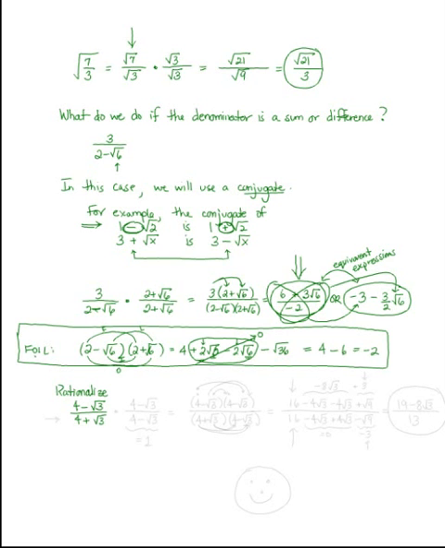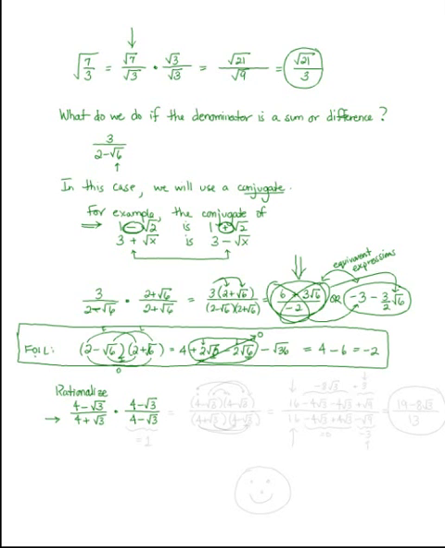To rationalize our denominator, in this case, we have a sum in the denominator. So we need the conjugate. The conjugate is going to be 4 minus the square root of 3. So we're going to multiply both the numerator and the denominator by 4 minus the square root of 3.